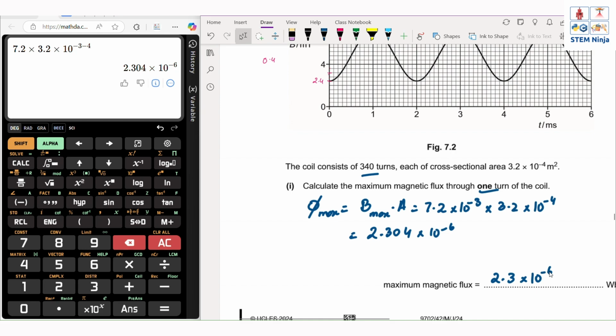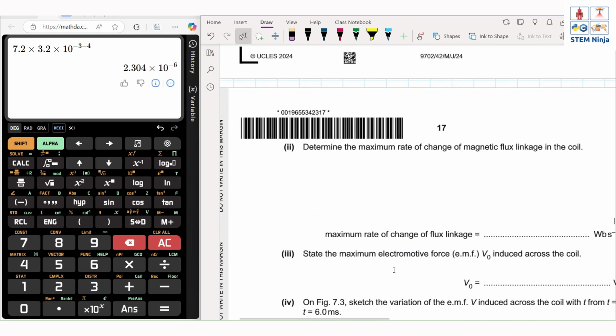All right, moving on. Determine the maximum rate of change of magnetic flux linkage in the coil. So basically, they're asking us about the maximum EMF that will be generated.